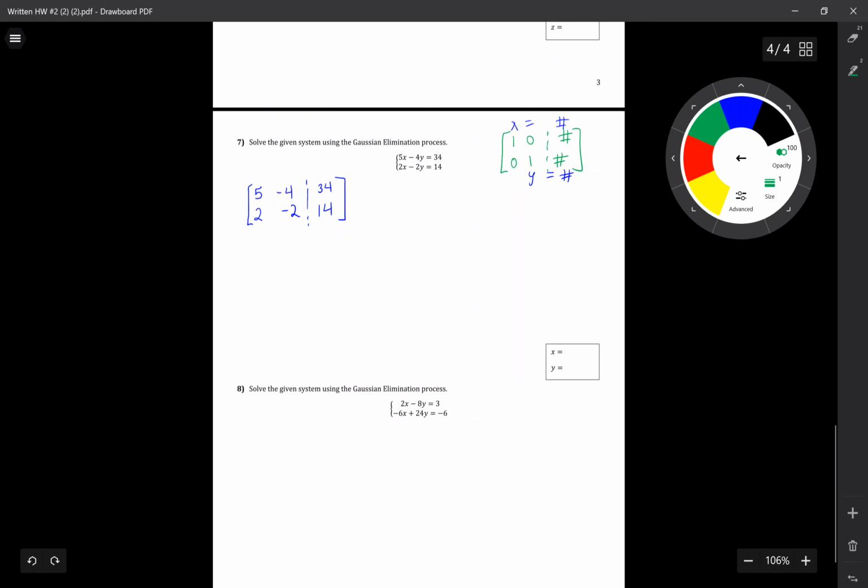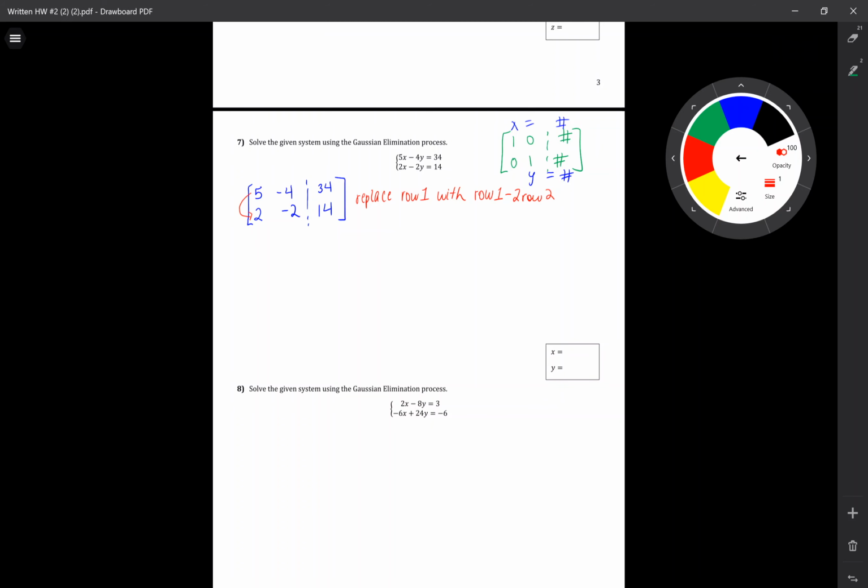So in order to get this 5 into a 1, what if I replaced row 1 with row 1 minus 2 of row 2. So I'm going to replace row 1 with row 1 minus 2 times row 2.